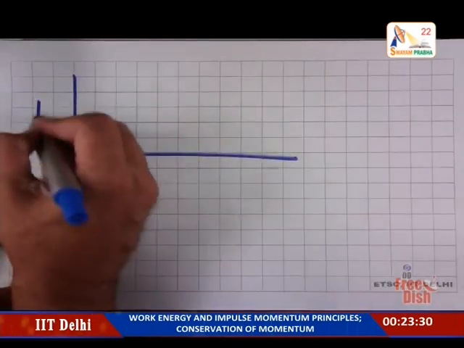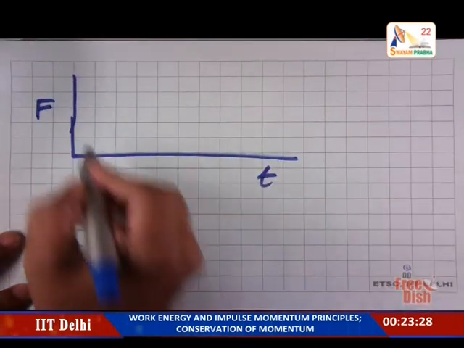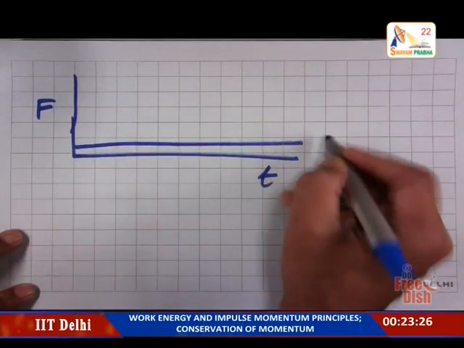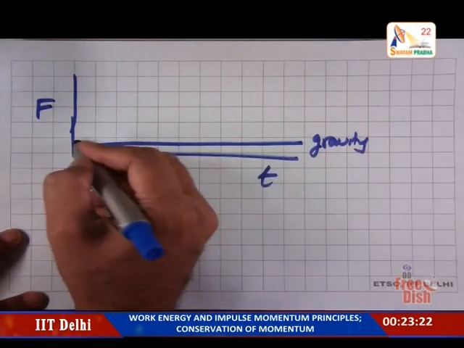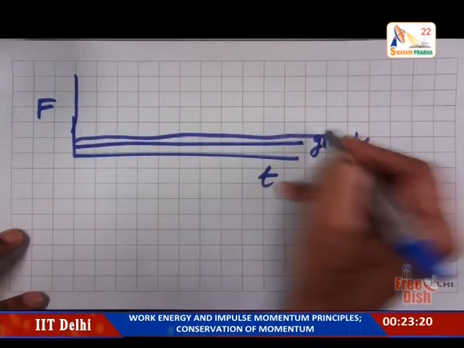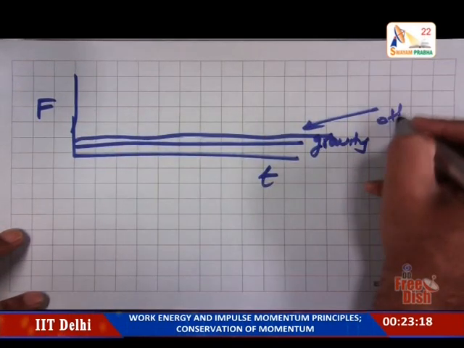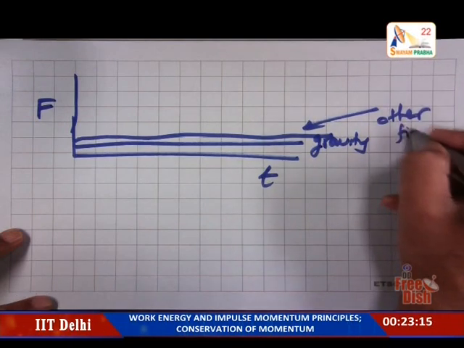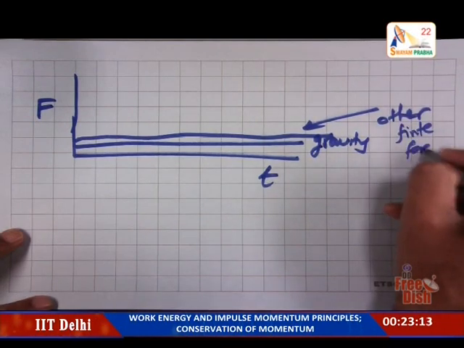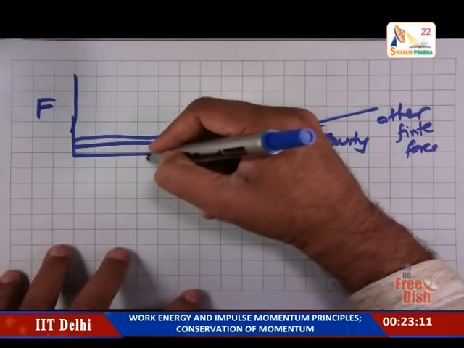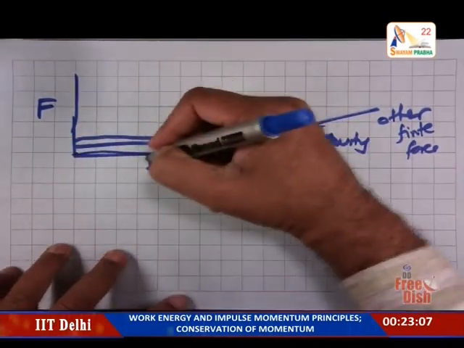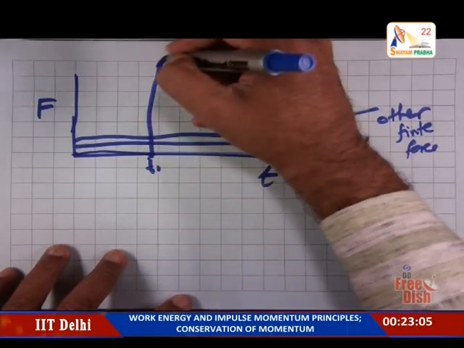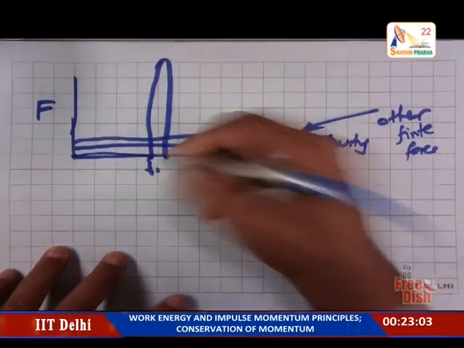Suppose we draw force versus time, let us say this is the gravity force which is acting on the ball, there is some other finite force, it may be some other force which is of the same order, and the impulsive force which is acting, it will be 0 up till time T1, and at time T1 a very large force acts and it stops.